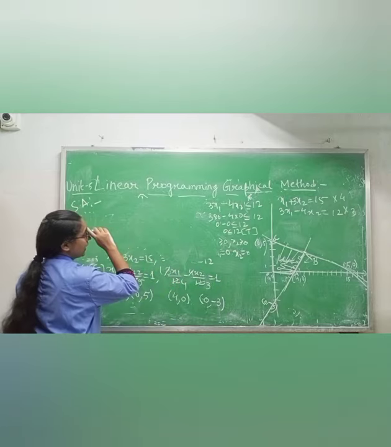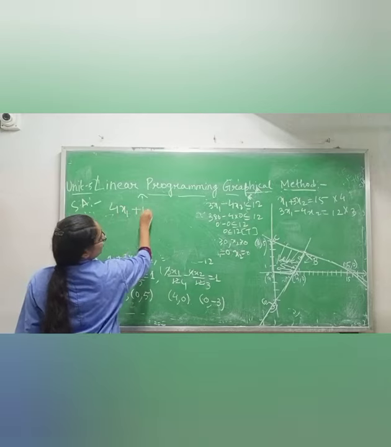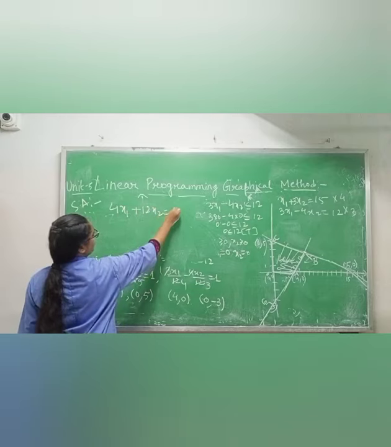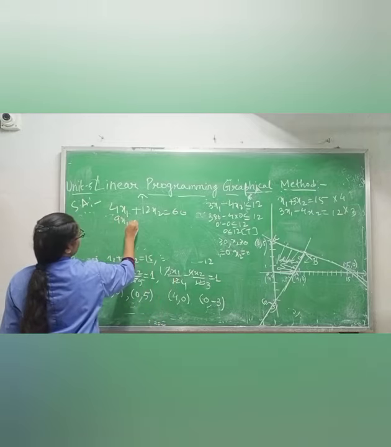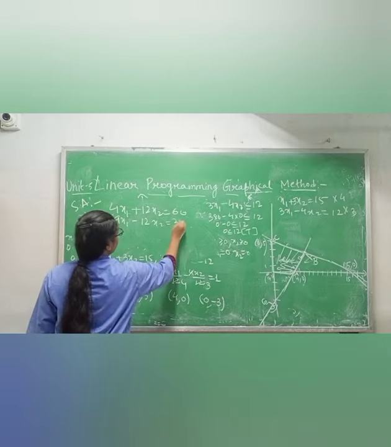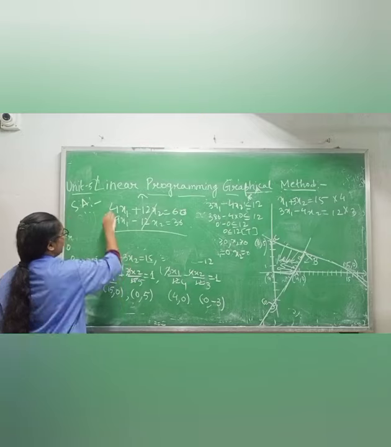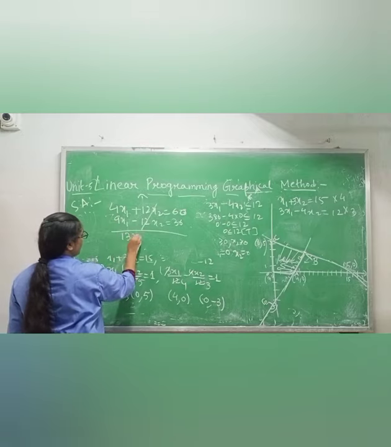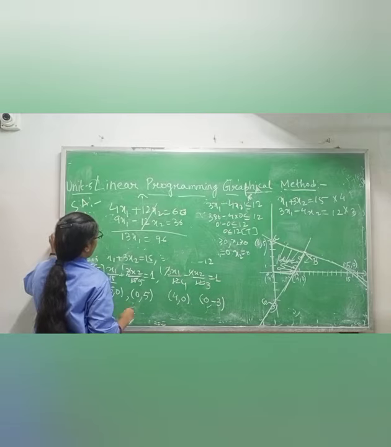After multiplying, how much will I get? 4x1 plus 12x2 equals 60, and 3 3s are 9x1 minus 12x2 equals 12 3s are 36. Now this one will cancel out. 4 plus 9, 13x1, and here 96. Okay.